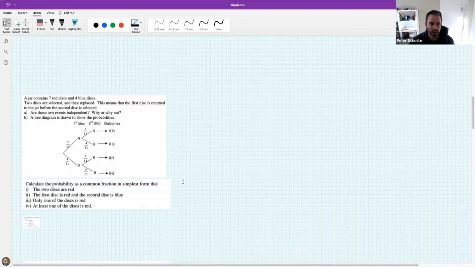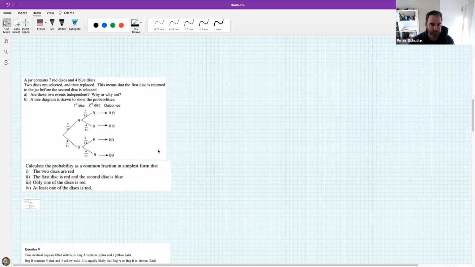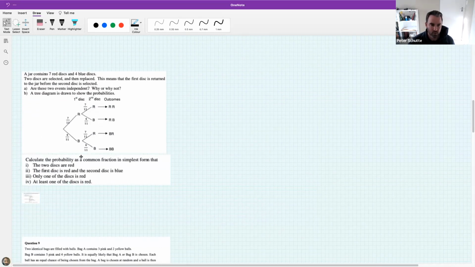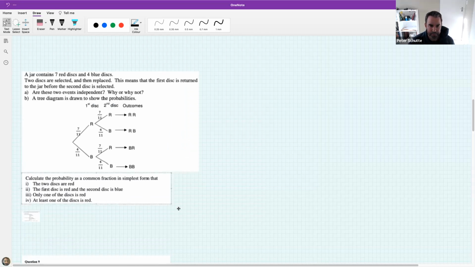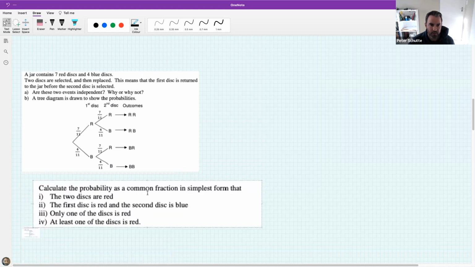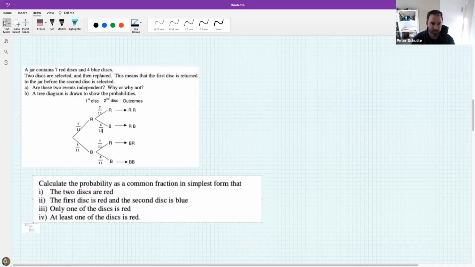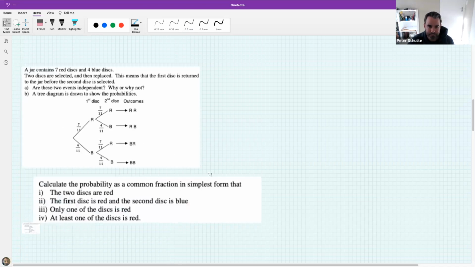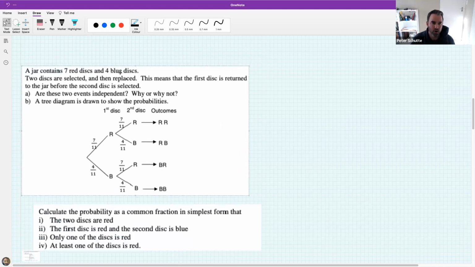Let's go to another one. Let's have a look at this one. They've actually drawn this for us already. So it says here, a jar contains 7 red discs and 4 blue discs. 2 discs are selected and then replaced.